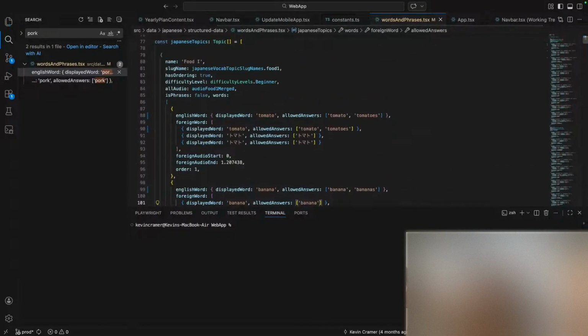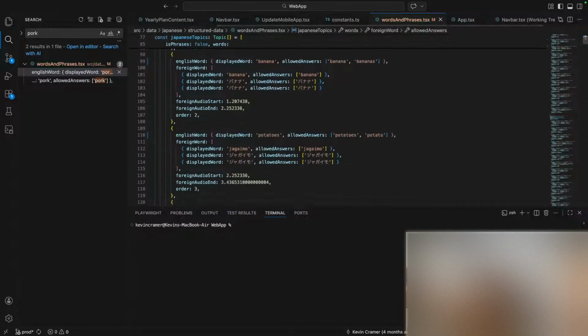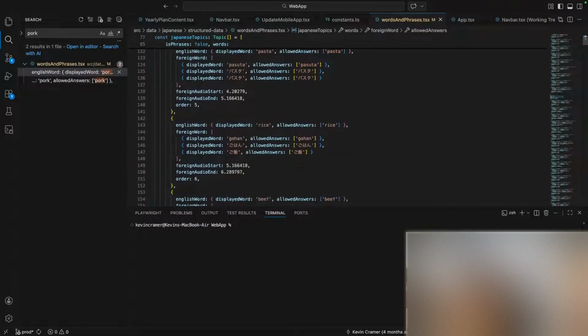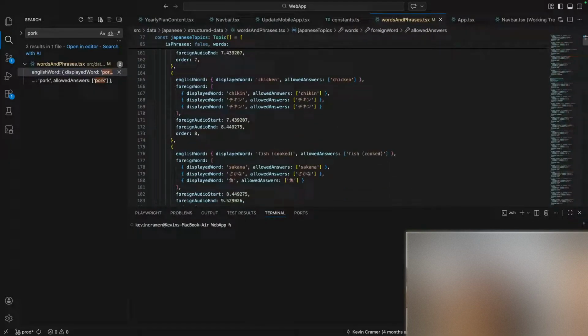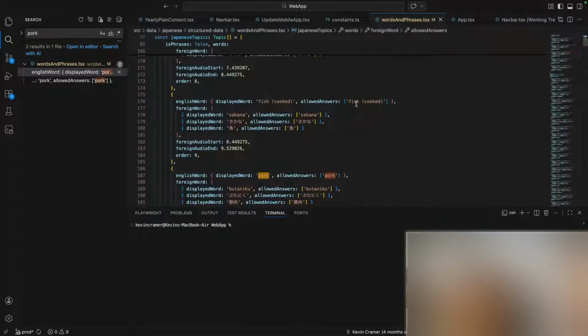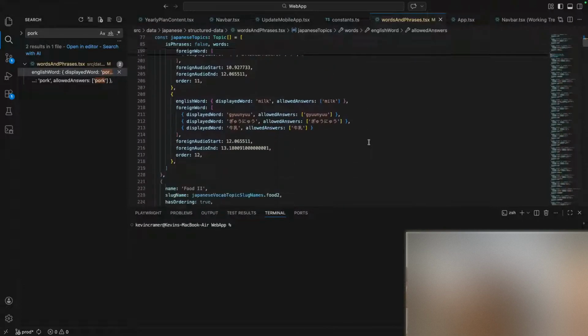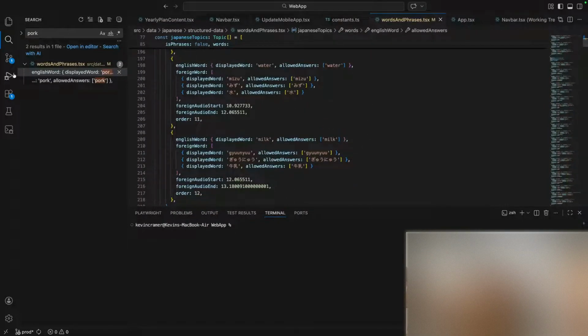This is wrong actually. We want to keep this. And then bread is fine, pasta is fine, rice is fine, so is beef, chicken, fish. So here I think fish should also be allowed as an answer. I think that's acceptable. Water and milk, that's fine.